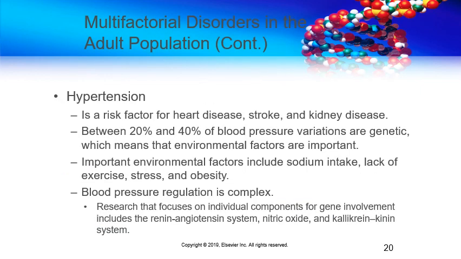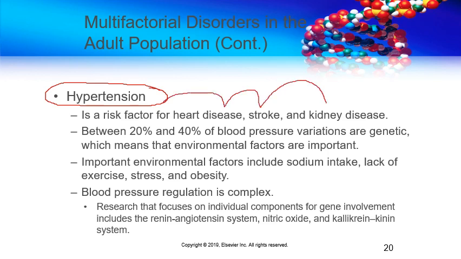All right, with hypertension, we're going to talk about this too when we get into health assessment. Hypertension is a risk factor for heart disease, stroke, and kidney disease. That's why you need to look at their heart, their brain, and their kidneys when they come in to see you. Now, it's important that when you have somebody that has high blood pressure, that they know about their environmental factors.